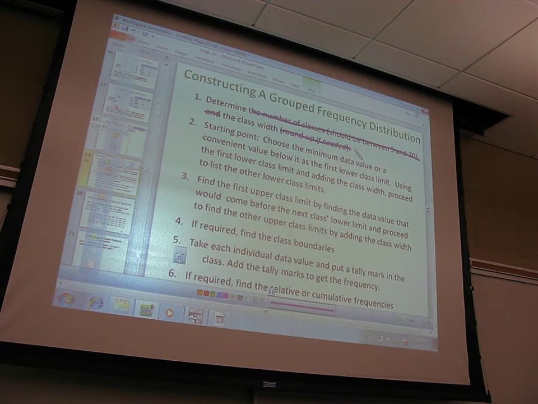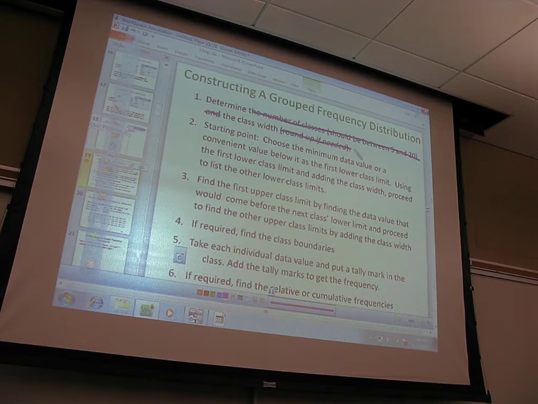So we want our class widths to be nice, good ones that people can wrap their heads around, like 5s or 10s or 20s or 100s, whenever possible. We want our data to start with a 5 or a 0, or whatever fits your class width. If my class width is 10, then I want my lower class limit to start with a 0.